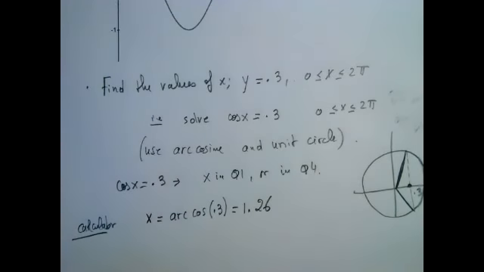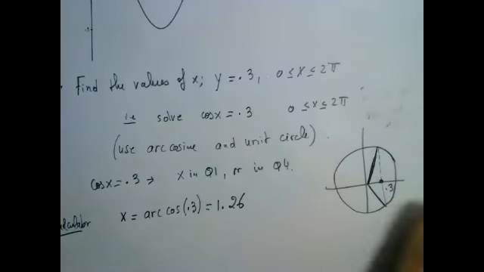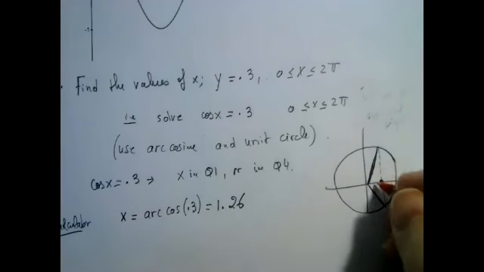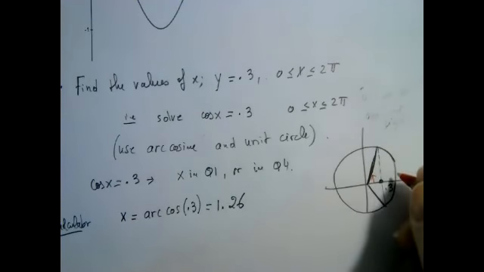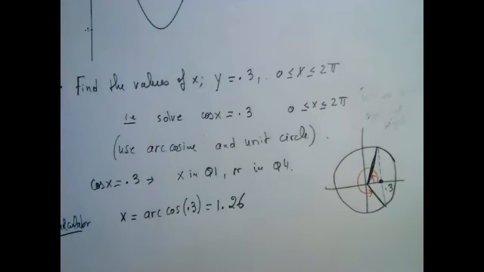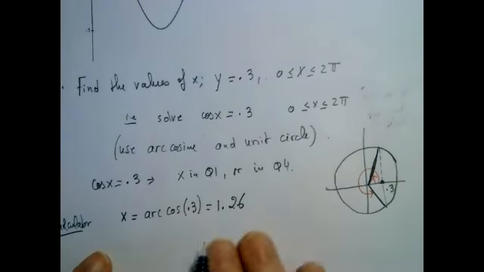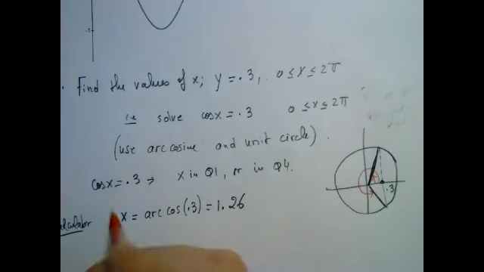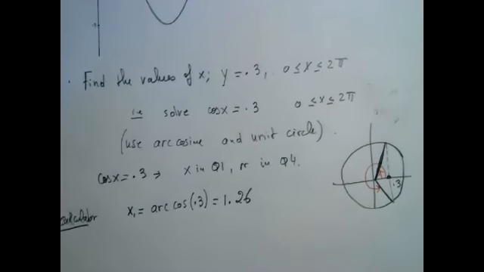Now the unit circle will give me the other value. So this is my first value. And the unit circle will give me the second value. Now, because I'm going to have two values, I'm going to label them. So I'm going to call this x1 if you want, just to label them, I have two values.